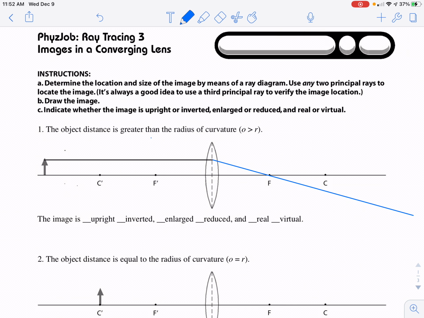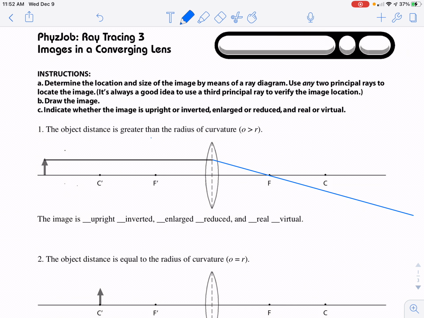Let's just kind of label what we have so far so we can get a better sense of this. This would be my incident ray. A good way to remember this is that this is the ray coming in to your lens. So the incident ray is the black ray.